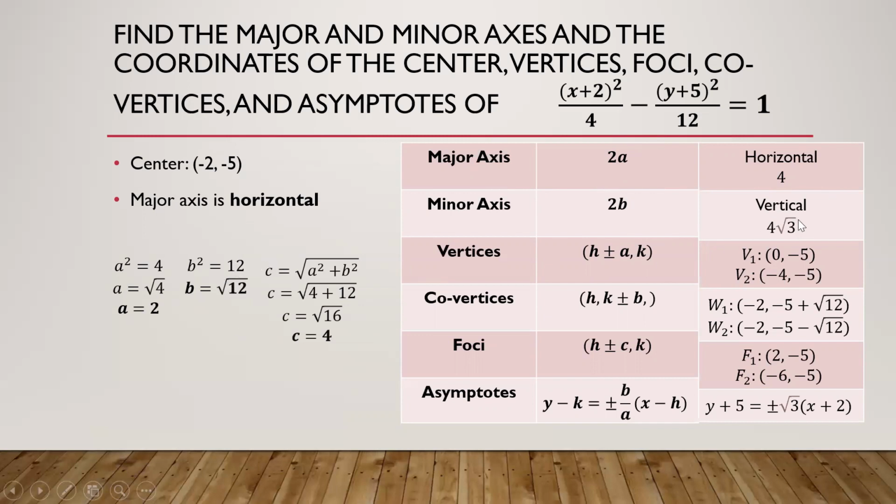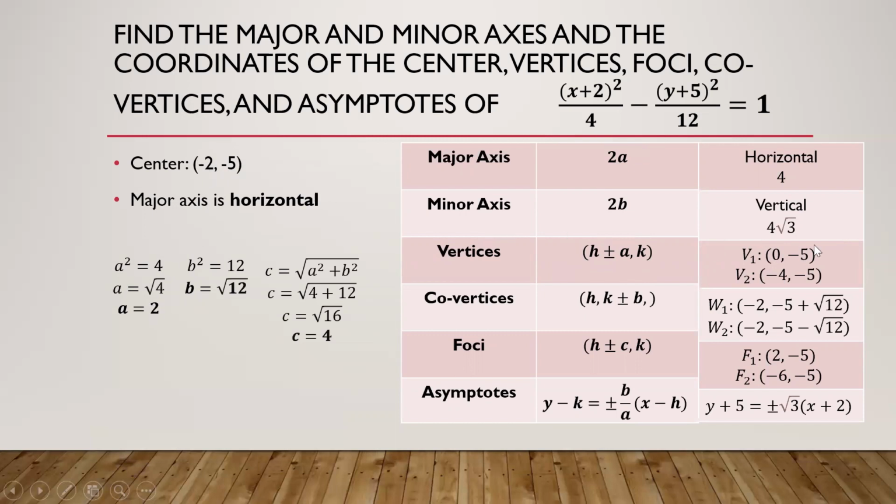So that's 4 square root of 3. You can just use the calculator to get this. So next, the vertices. Since x came first, we manipulate h using a. So h plus a. Our h again is -2 plus a, which is 2.